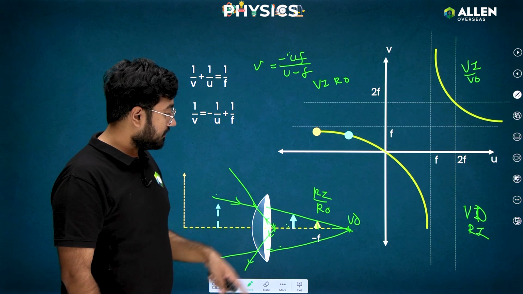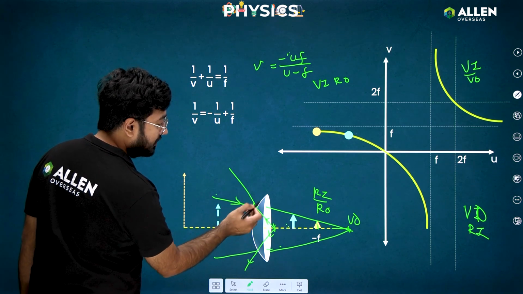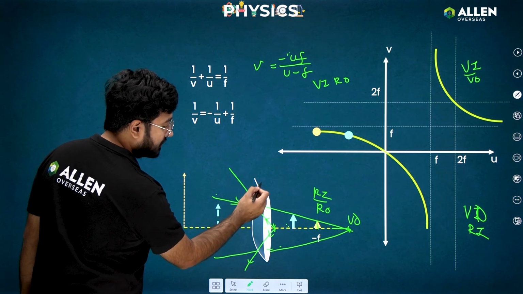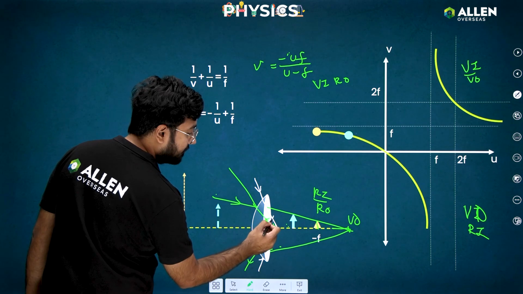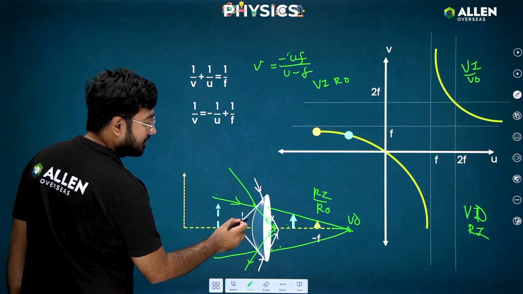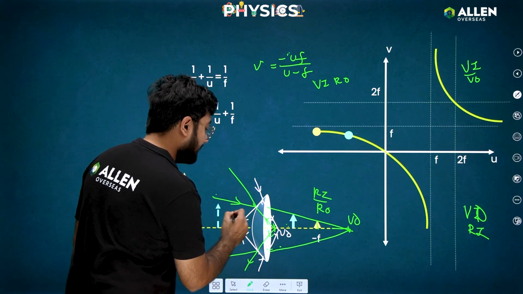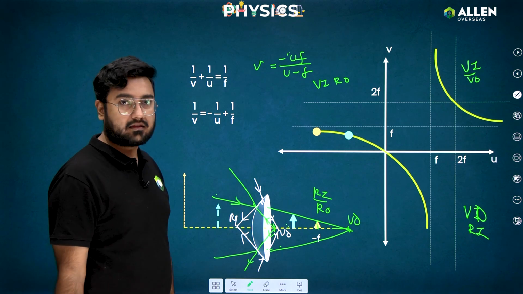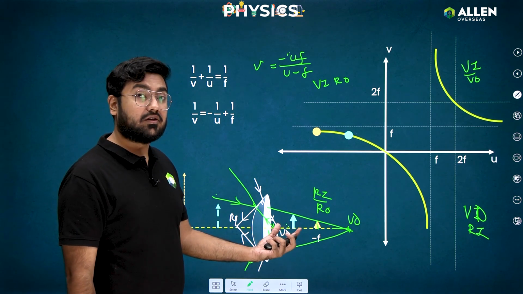But what if they are trying to converge here? Before focus. If they are trying to converge before focus, you are going to get a real image of the virtual object. This is your virtual object, this is the real image. Getting the point? So it depends where your virtual object is kept.